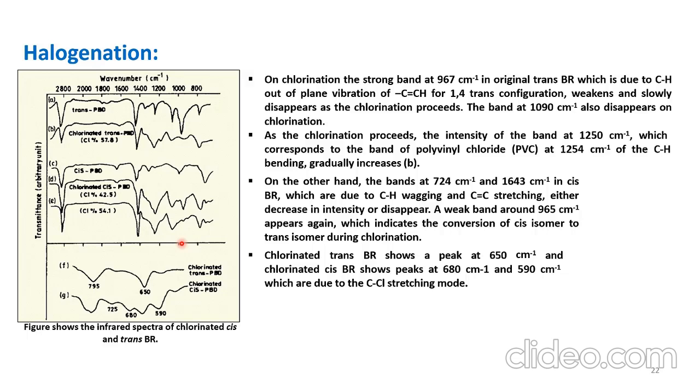So many examples are there: PVC, and butadiene rubber. So various polymers can be checked, and depending upon our requirement, we can choose the particular percentage of hydrogenation or halogenation.